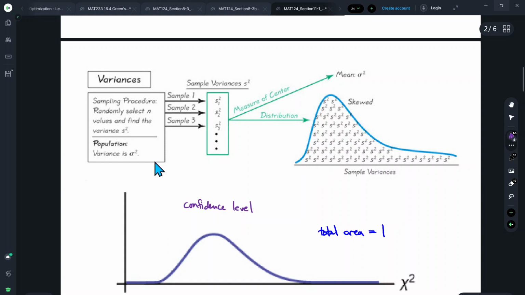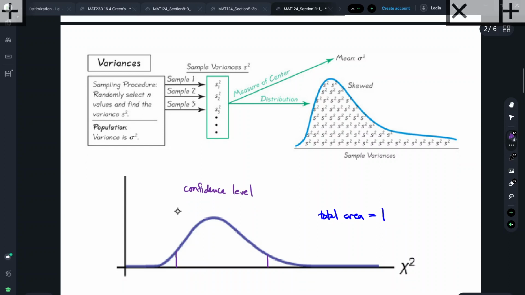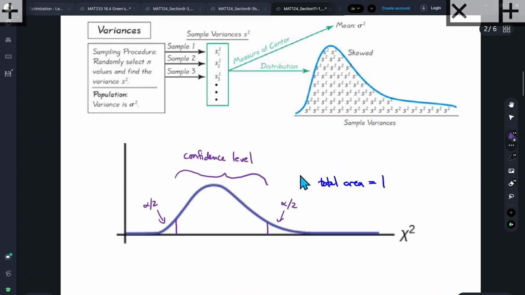The confidence level should contain most of the values, so it should be the large portion in the middle, and we cut off a left tail and a right tail. The confidence level represents the area in the middle. The parts that we cut off we call alpha, and because it's split between a left piece and a right piece, this portion has half of alpha, and this portion also has half of alpha. Those three pieces together again have a total area of 1.